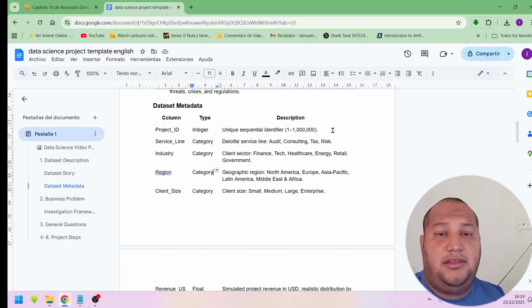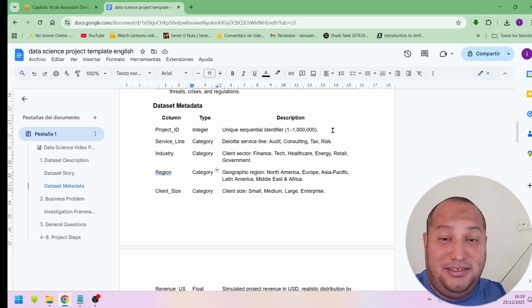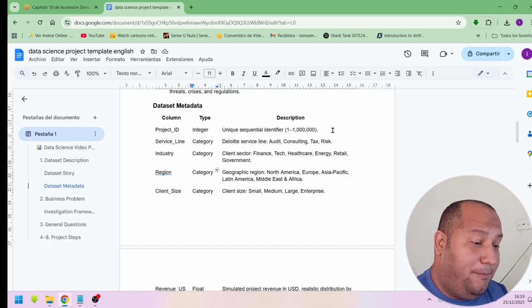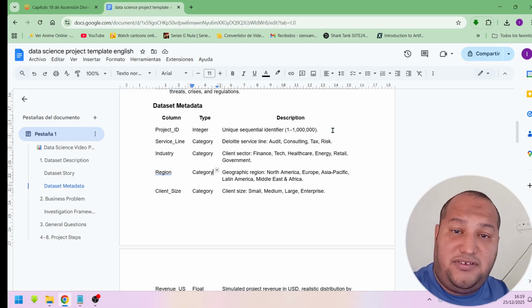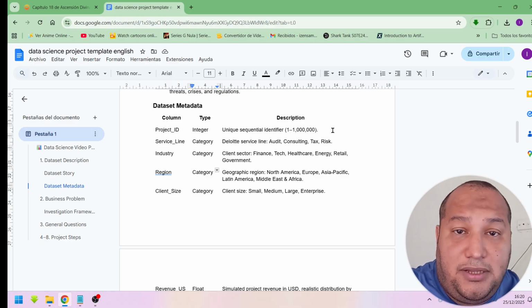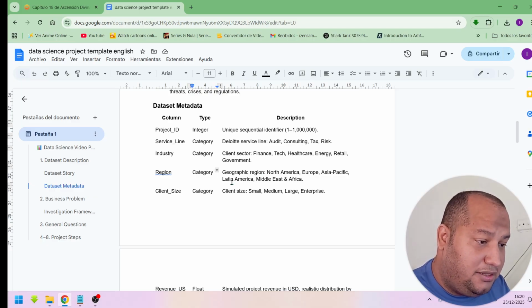I just copied the description, pasted it, and asked ChatGPT to give me a data set of about 1,000 rows about this company and what they do, and it came up with 1 million rows for some reason. I don't care. It could be 1,000 million rows. It doesn't matter. But this is what it did, and I asked to receive this in CSV format. Well, this is important. So here we have the data set and the different categories.